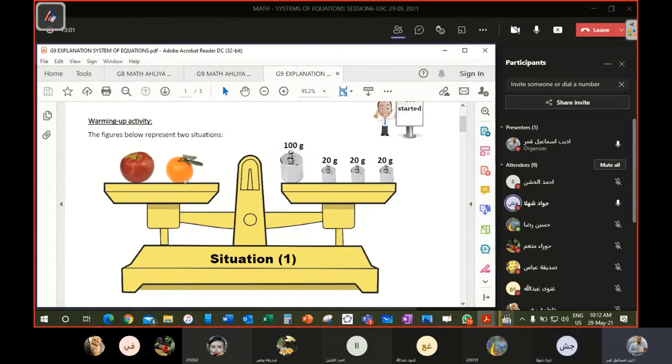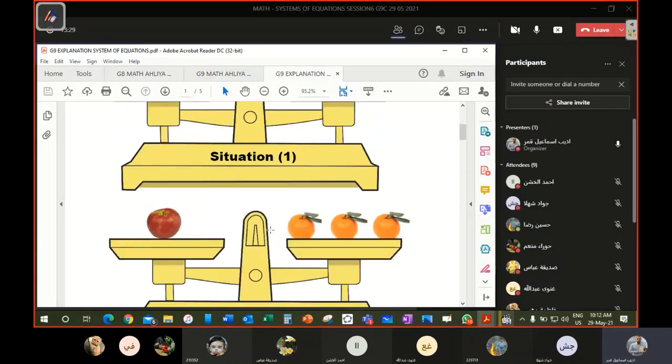Apple plus orange equal 160 grams. Good. Their mass is equal to 100 plus 20 plus 20 plus 20, 160 grams. Okay? This is situation 1.